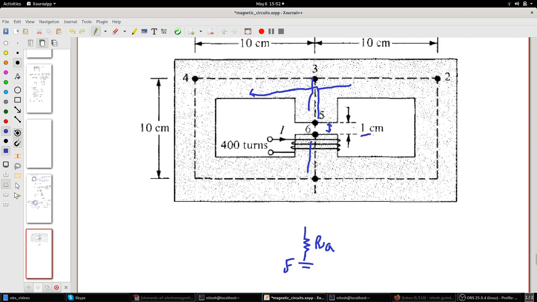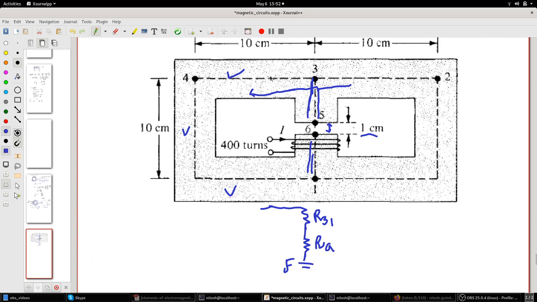This particular length is 1 centimeter, so what I will be left with is 4.5 and 4.5 centimeters here. So I can calculate the reluctance of this particular section. I can call this R31, and then I will have a reluctance of this part and this part. So three reluctances I can calculate based on the length, right?